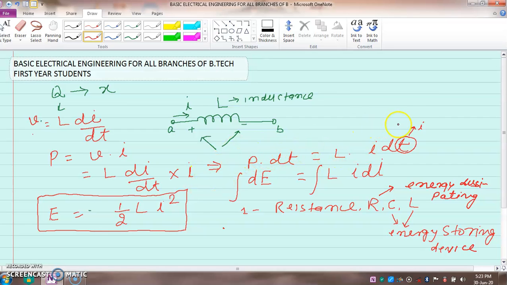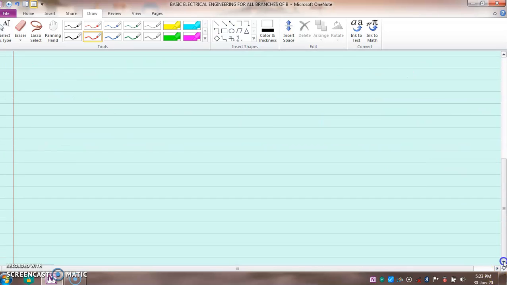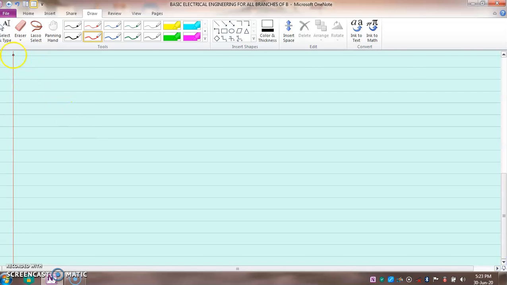So an inductor or a capacitor is a device which stores energy, and as and when needed it will release it. Capacitor stores energy, and inductor stores energy. Capacitor energy is half C V square and inductor energy is half L I square.